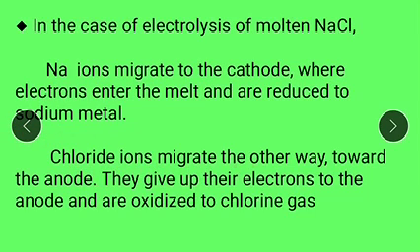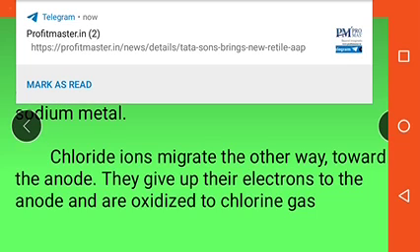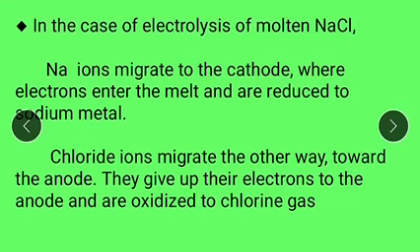The chloride ions migrate the other way towards the anode. They give up their electrons to the anode and are oxidized to chlorine gas. So in the case of molten NaCl, sodium metal is formed at the cathode and chlorine gas is formed at the anode.